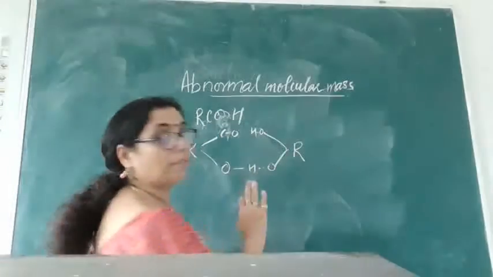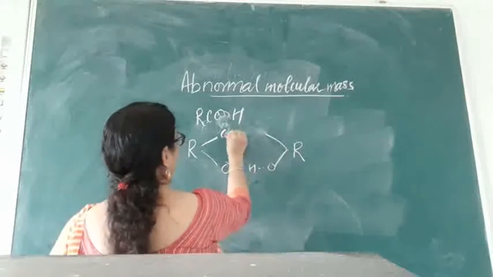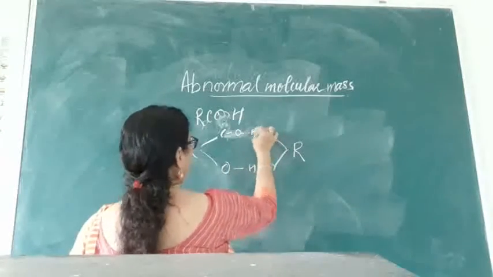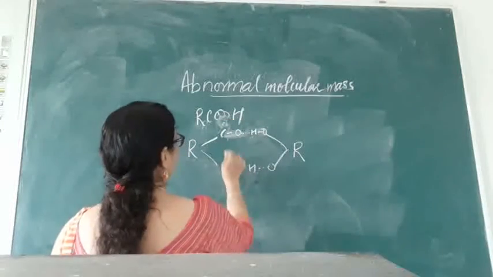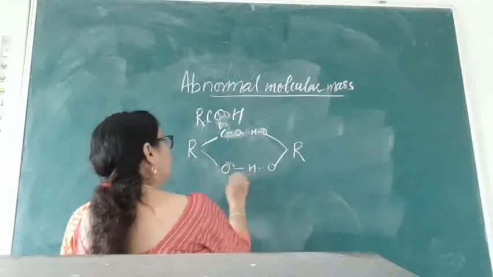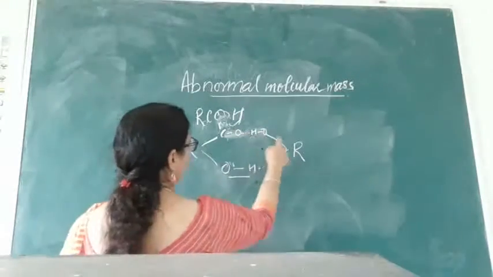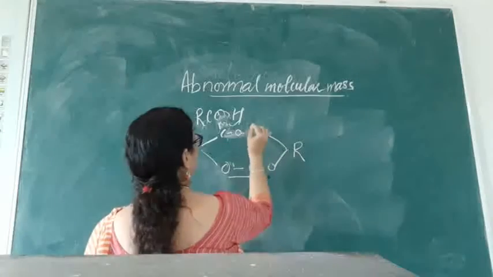Here I have made a little mistake. Just see, oxygen is forming a hydrogen bond with hydrogen, and here it is C double bond OH. This is correct. And here, by writing this, I have made a patch, and here it should be oxygen.